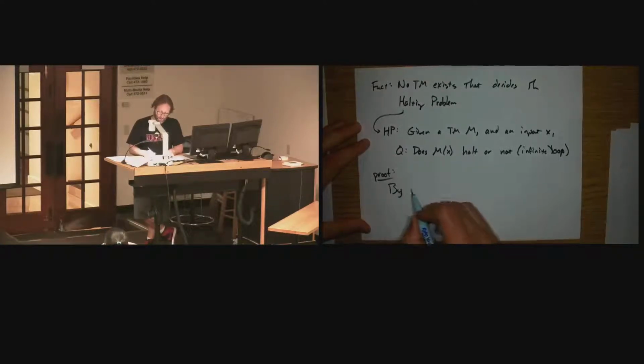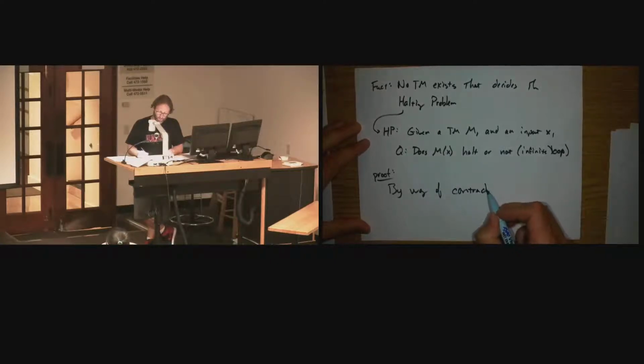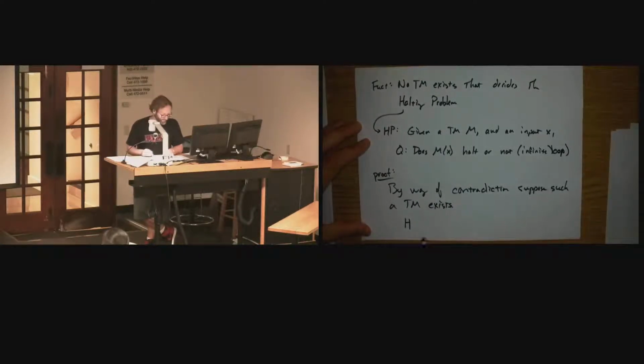Again, by way of contradiction, suppose such a machine, such a Turing machine exists. What I'll do is I'll call it H for the halting problem, right? That takes as input an encoding of a machine M and an input X, and it outputs one of two things.